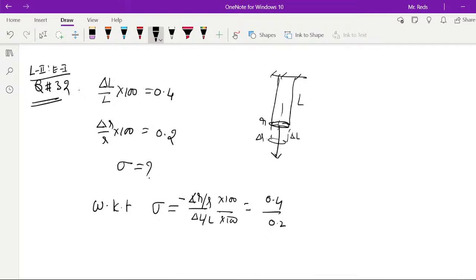Okay, so on simplifying this, what do you get? Oh, this is 4. Okay, I have taken it in reverse order.